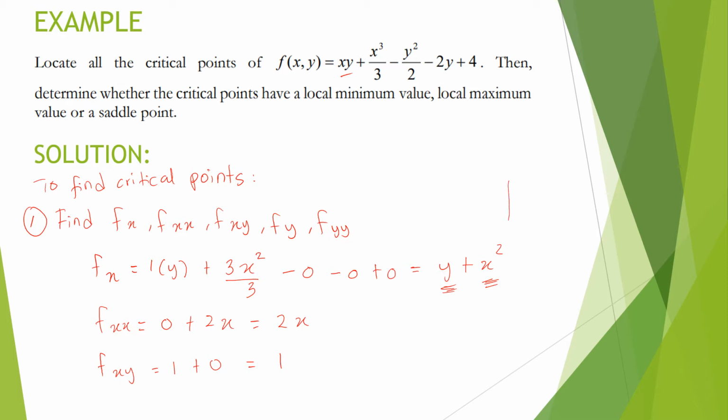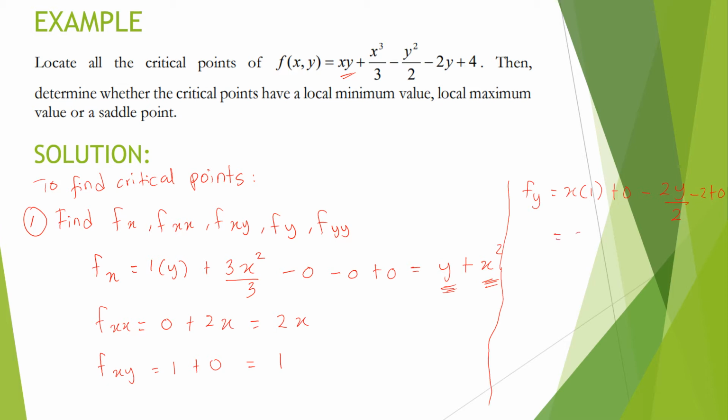Okay. Next, find fy. Okay, so here will be x times 1 plus 0 minus 2y over 2 minus 2 plus 0.